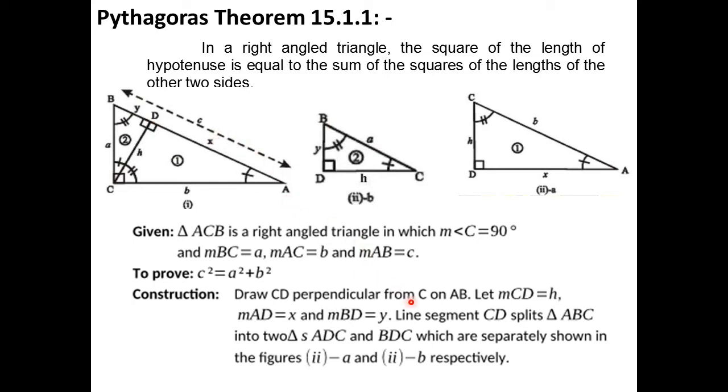Now you can see line segment CD splits triangle ABC into two further triangles, ADC and BDC. This line CD is splitting this whole triangle ABC into two triangles, ADC and BDC, which are separately shown in figures 2A and 2B respectively.